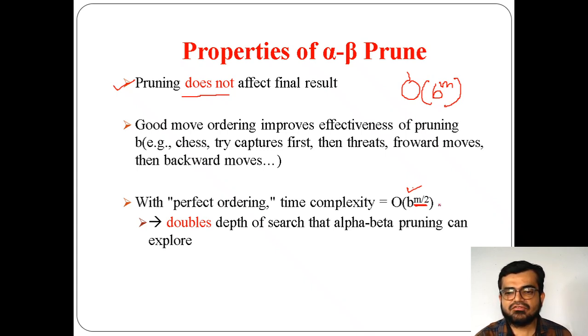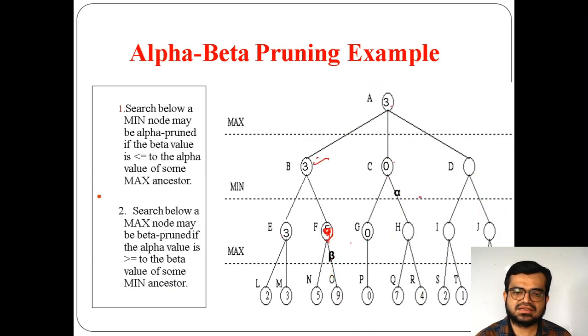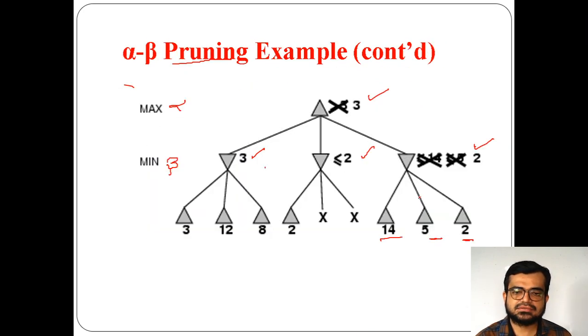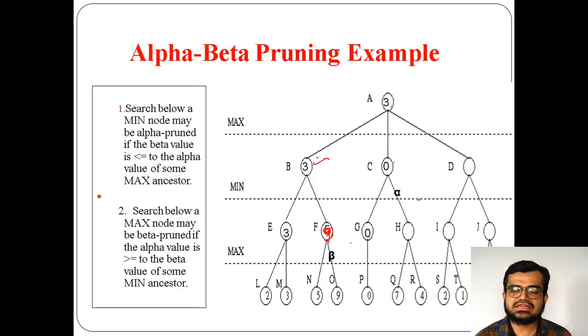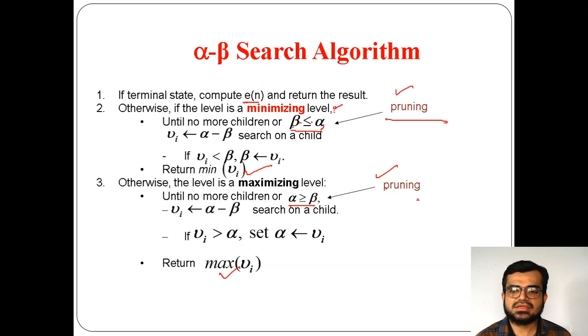In the worst case it will be the same as before, but order of b to the power of m by 2 applies in the best and average case. The examples which I covered are average cases, so that's why we are reducing the combinations by half.